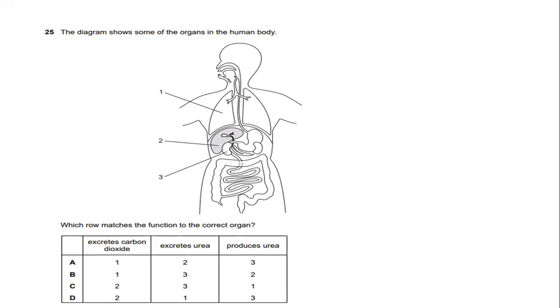And the kidney is where the blood is filtered and urea is excreted from the body. So the answer for this is B. Excrete urea is the kidney, number 3. Produces urea is the liver, and excrete carbon dioxide is the lung, number 1. So the answer for number 25 is B.